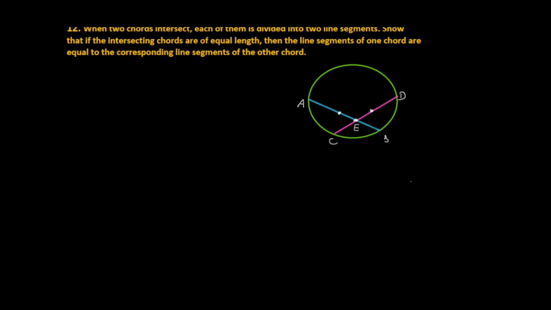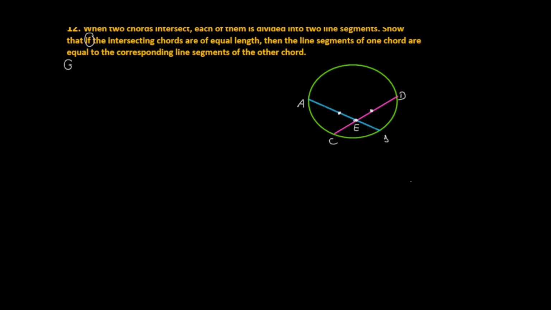These are the two segments of AB. And CD is divided by CE and ED. These are the two segments. So if the intersecting chords are equal in length, then the line segments of the chord are equal to the corresponding line segments of the other chord.